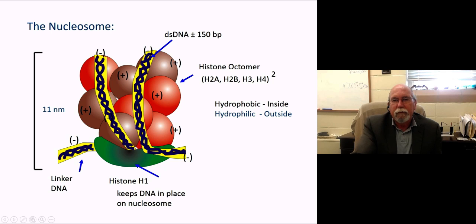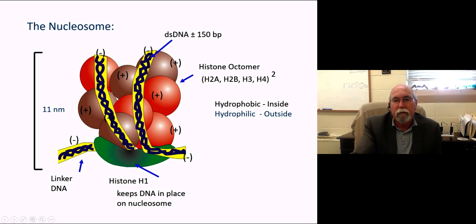The next thing is that there are a lot of positive residues found in the nucleosomes. Because DNA is an acid, deoxyribonucleic acid, it has a net negative charge due to those phosphate groups on the outside.